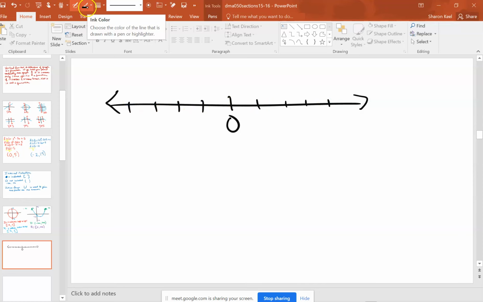If I had something such as this, and then my graph is going in this direction. The other thing is it could possibly have a solid dot on it. That could also be what we have on that graph.